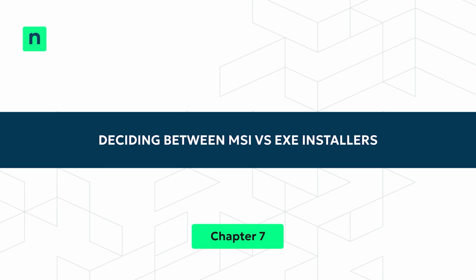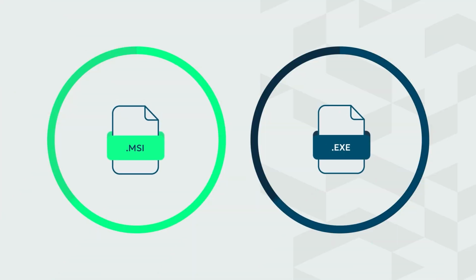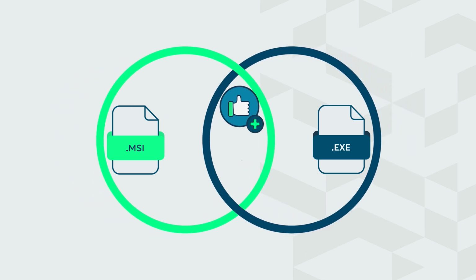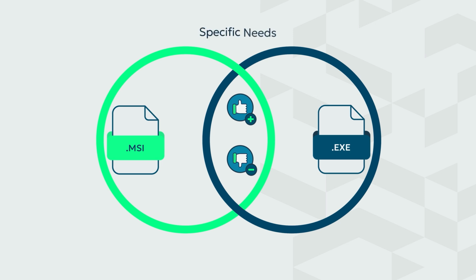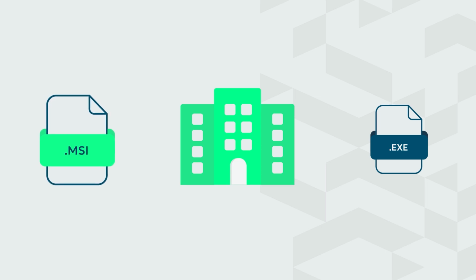Deciding between MSI versus EXE installers. MSI and EXE file formats have their own merits for installing and uninstalling programs. Each has its own set of advantages and disadvantages, so it's best to evaluate your software's specific needs, target audience, and deployment scenarios. For enterprise deployments, MSI installers provide a standardized and secure approach to software installation.